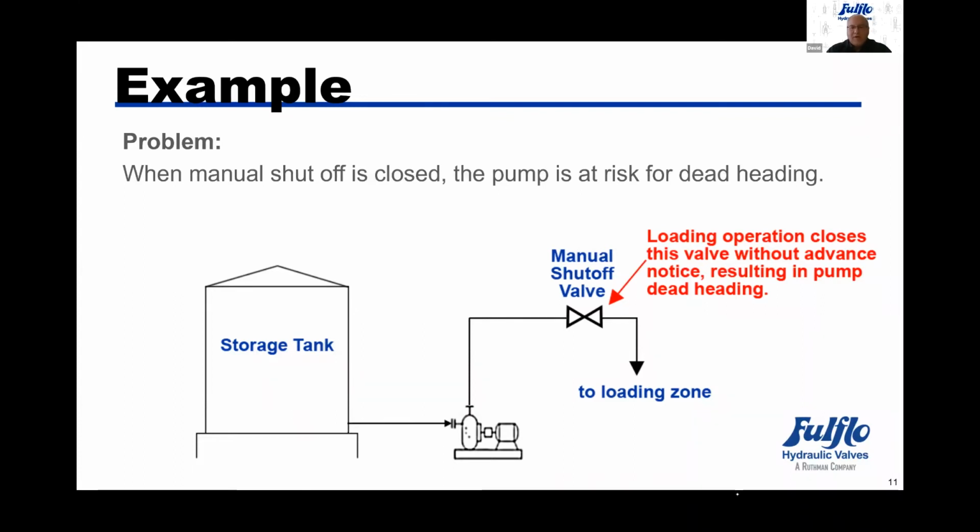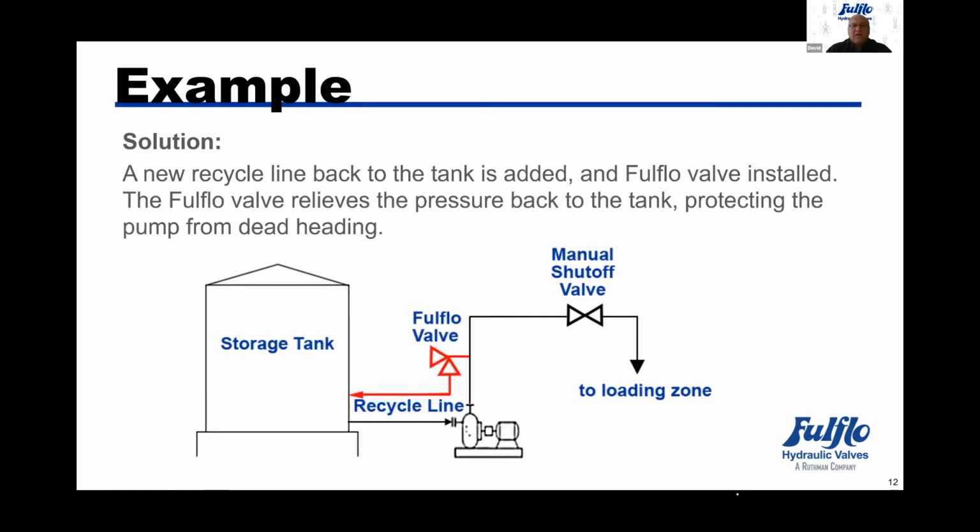So what we do is insert the full flow relief valve after the pump in this location here. The recirc line back to the tank is added and the full flow valve installed would relieve the pressure. So now a centrifugal pump that's continuously bypassing doesn't get into a deadhead situation.